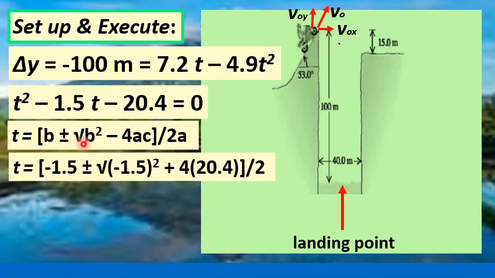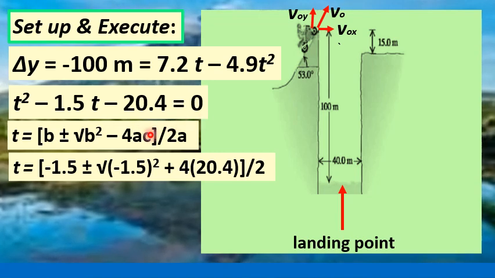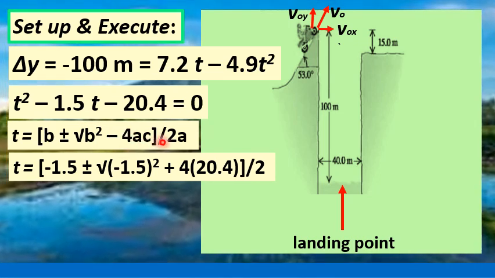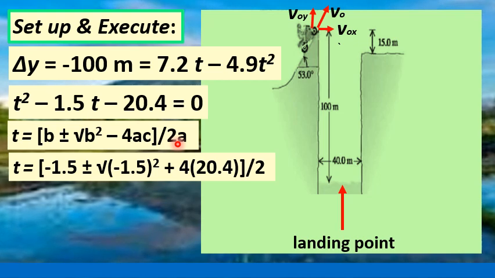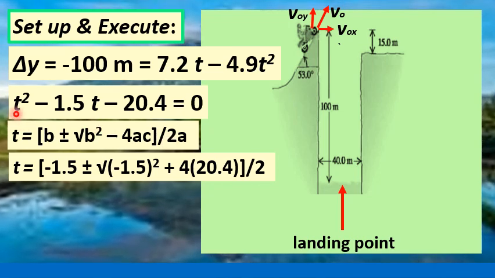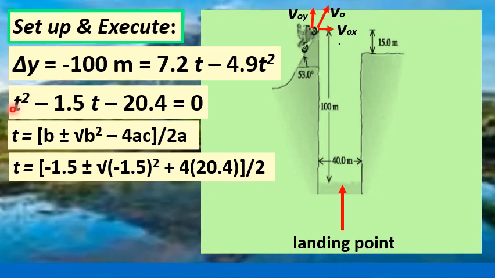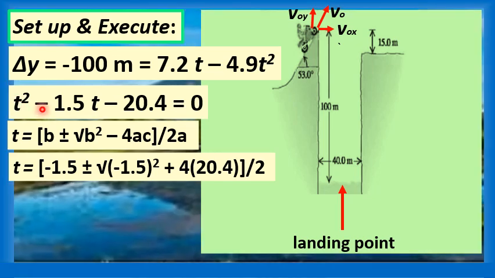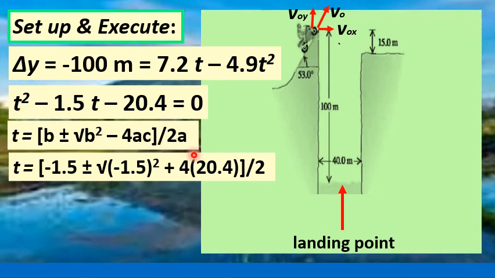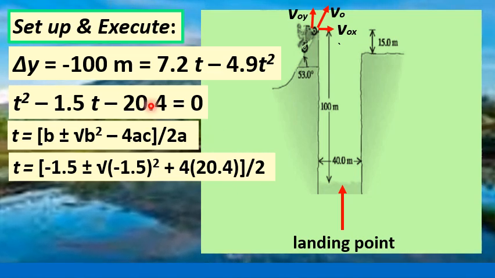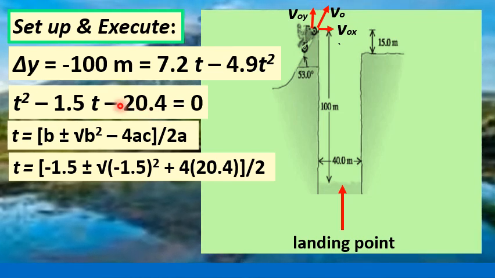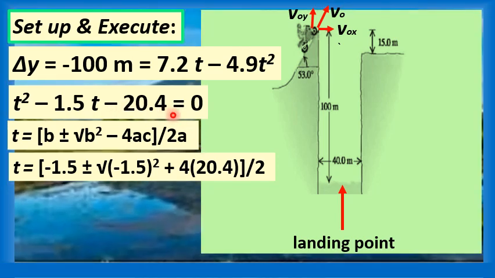And then plus minus the square root of the square of the b coefficient, which is negative 1.5, that has to be squared, and then minus 4 times the product of the numerical coefficient of t squared, the coefficient a, which is understood to be 1, multiplied also by the c term, which is negative 20.4.